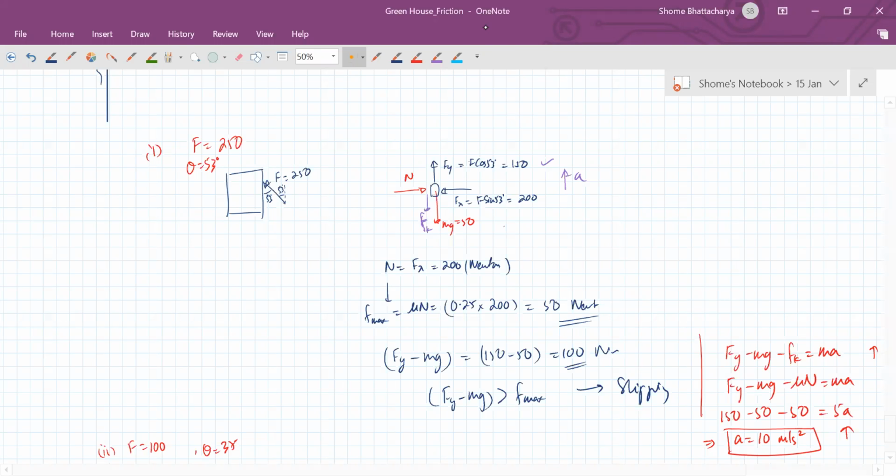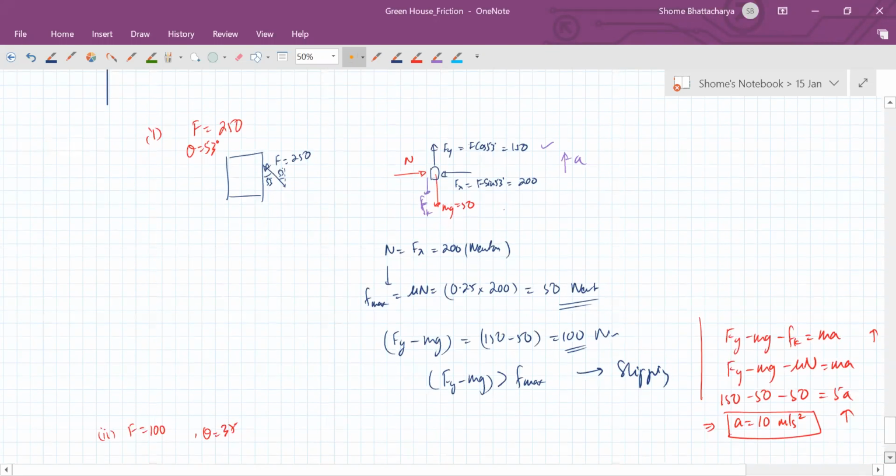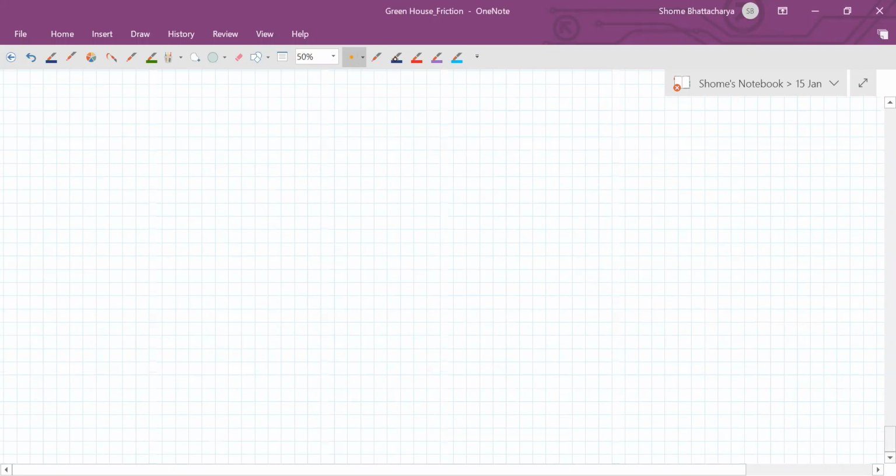Okay, so let's wind up the second part. So in this now we are applying the force of 100 newtons at this angle of 37. So the x component of the force will become 60 newtons.